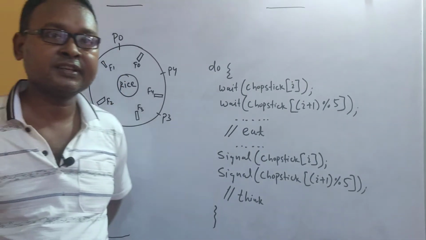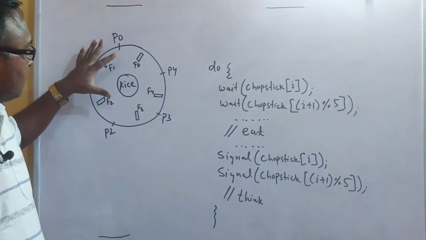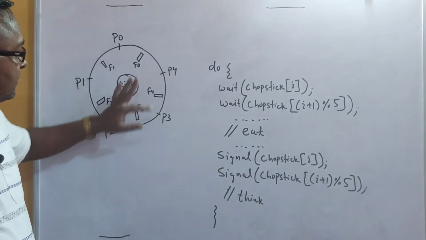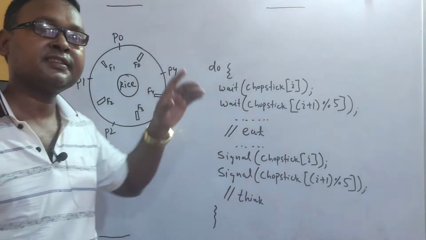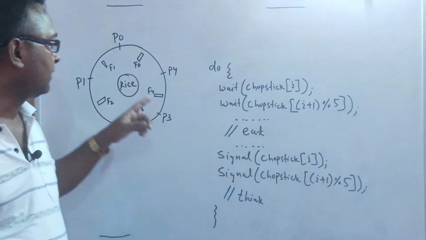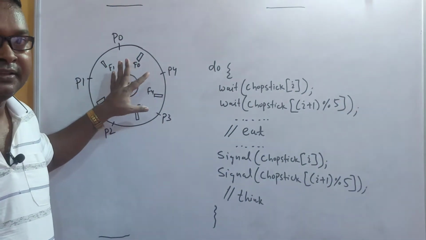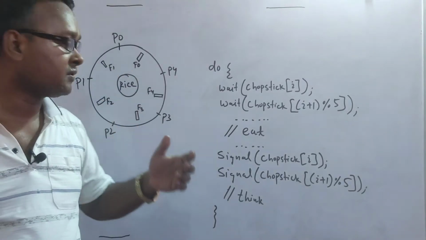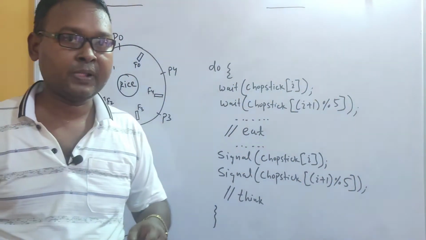So the situation is different here. If 5 philosophers want to eat the rice at the same point of time, then the problem will arise. Okay, 5 philosophers require 10 forks, but the availability is only 5, right?